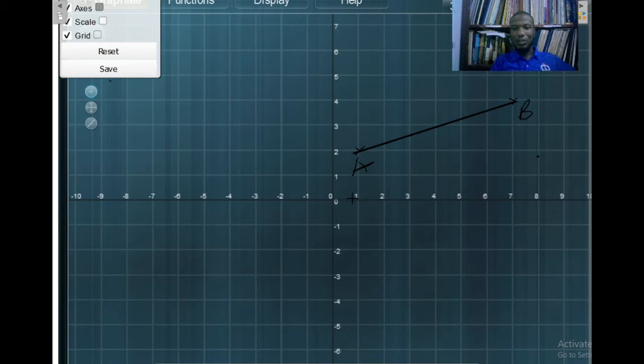So the middle of the 6 here will be 3, which will be here, these 3.